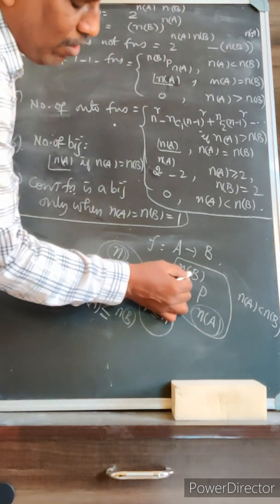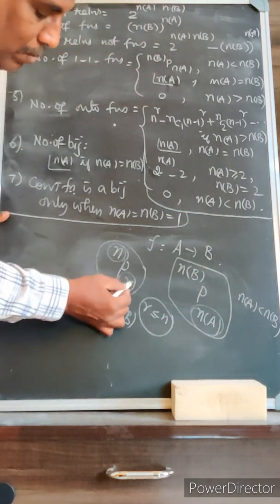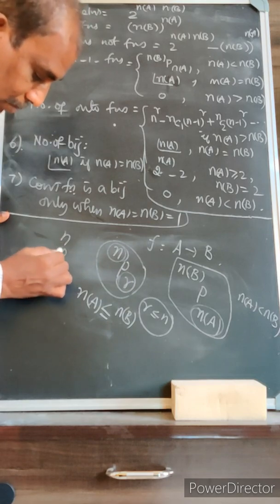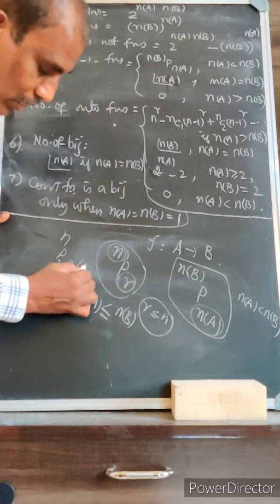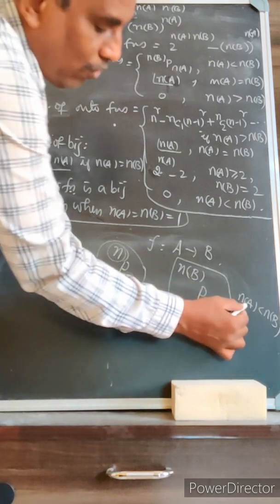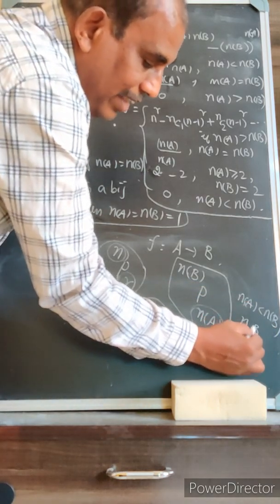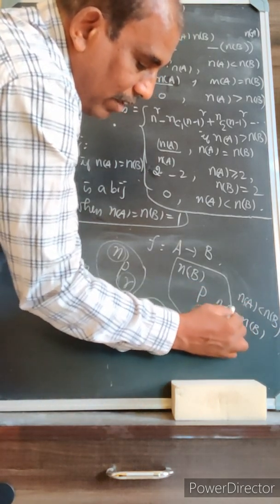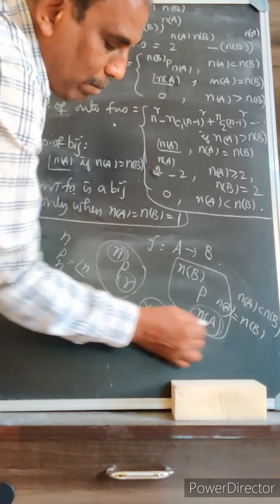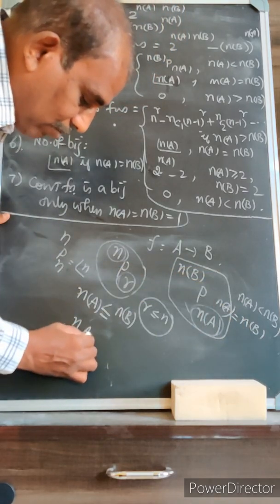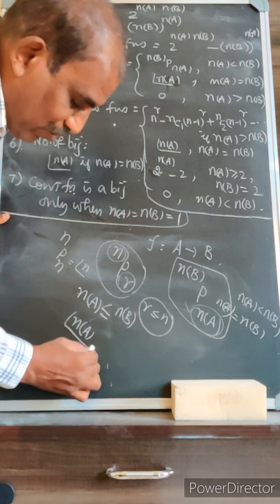If n(A) and n(B) are equal, then nPr will become nPn, which you know is n factorial. So when n(A) and n(B) are equal, this will become n(A) factorial or n(B) factorial.